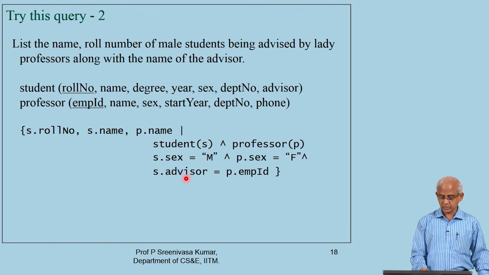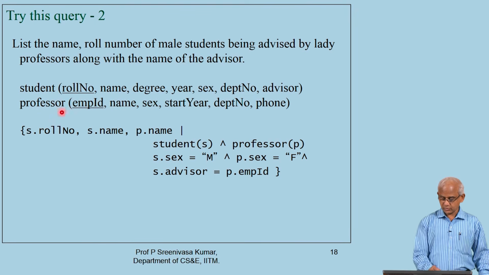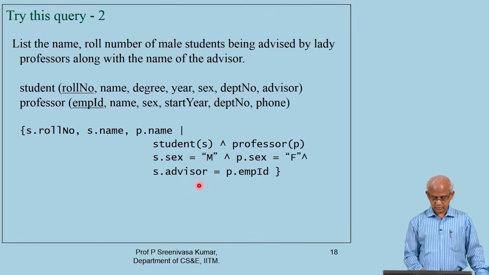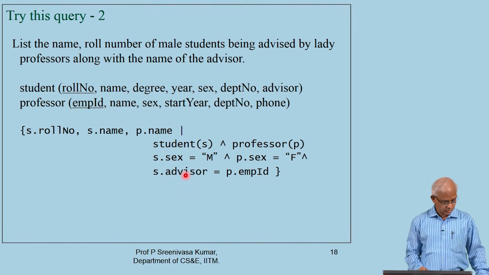So, you recall that advisor is a foreign key in student referring to the employee ID in professor, and so we will be able to match the student's advisor to the professor using S dot advisor equals P dot employee ID, and in such combinations we will report the roll number and name of the student and the professor's name. Okay. So, this is also very similar to the previous query.